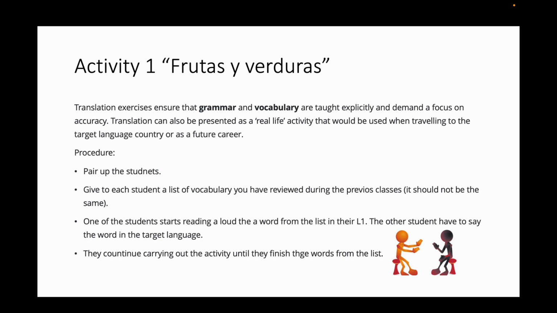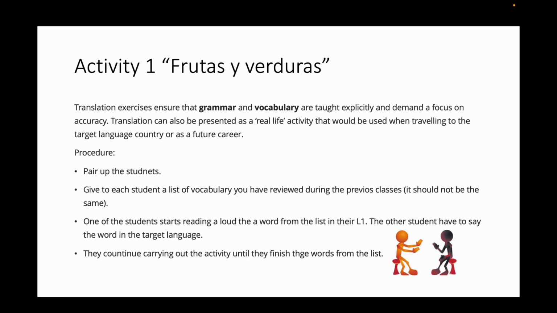Okay, so what do my students do in this frutas y verduras activity? First of all, I pair up my students. Then I give each of my students a list of vocabulary that we have reviewed during the previous classes. In this case, the words are related to frutas y verduras in Spanish.